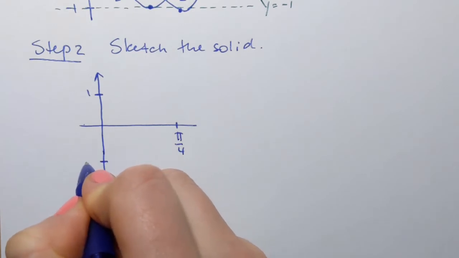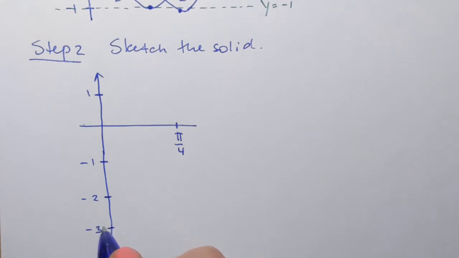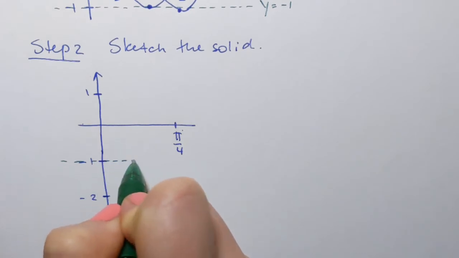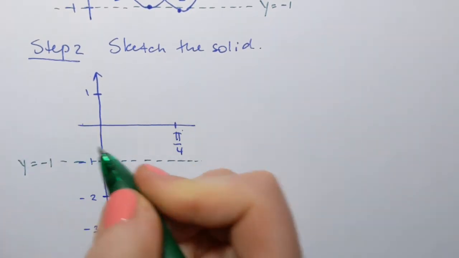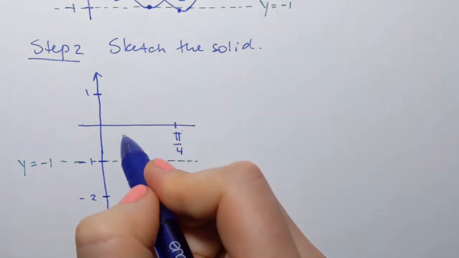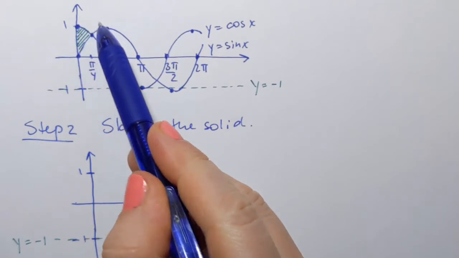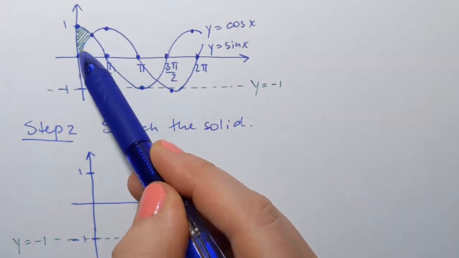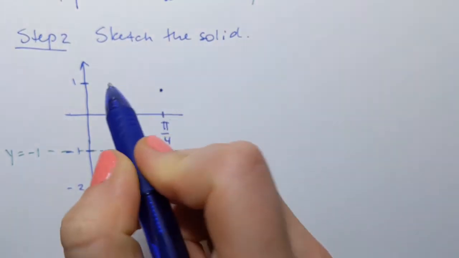So -1, let's say, is here. -2, -3. Here's the line about which I will be rotating. Y equals -1. And now let me try to recreate this region. I'm doing just this part. So I'll need to place this point of intersection and add the curves. So let's say that's the point of intersection.